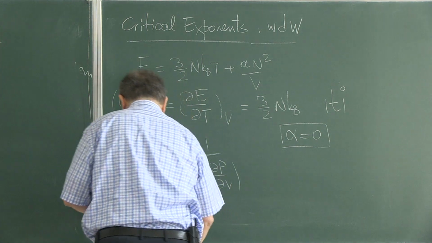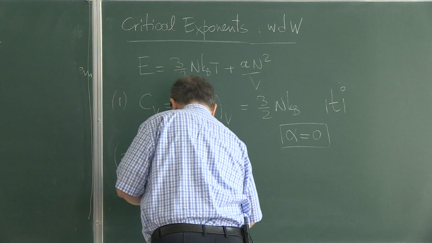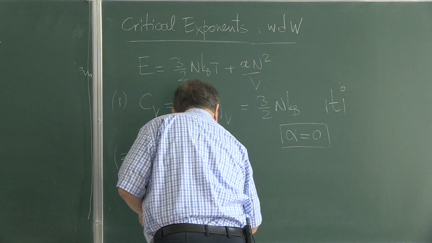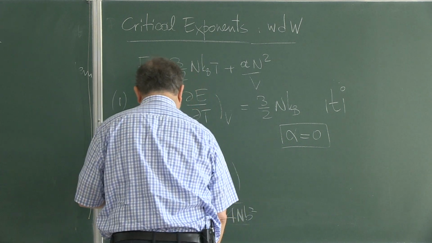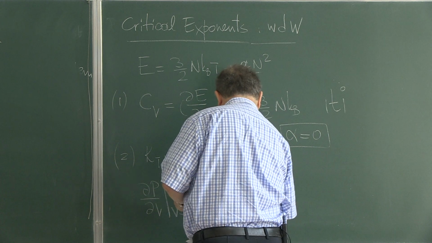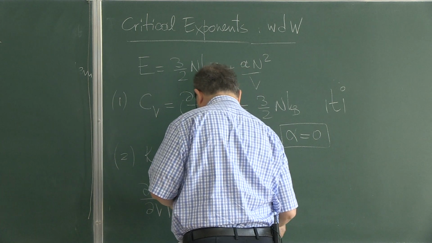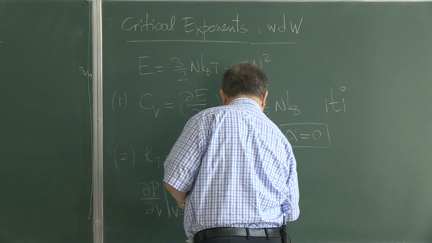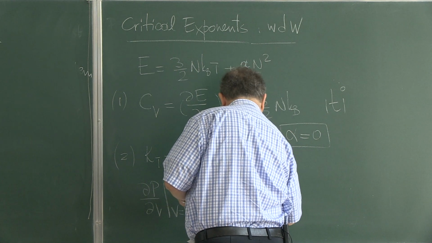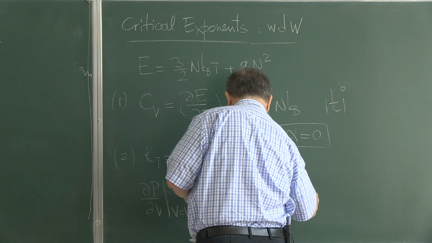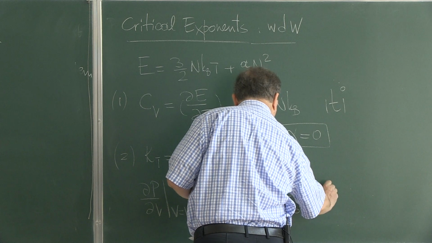This gives you 1 over 4 and B squared for the van der Waals gas, times 8A over 27B minus kBT.